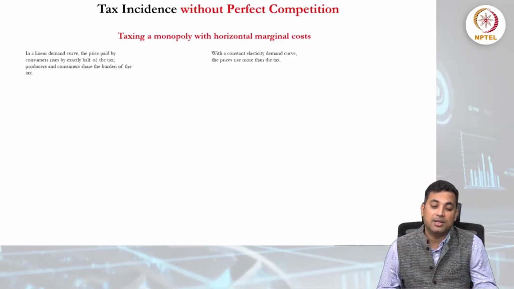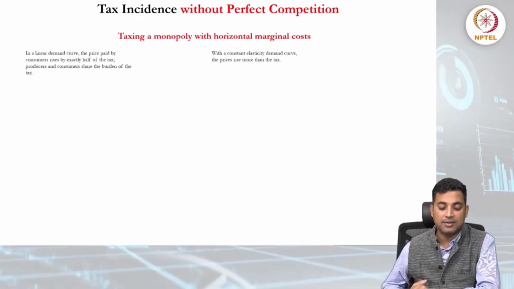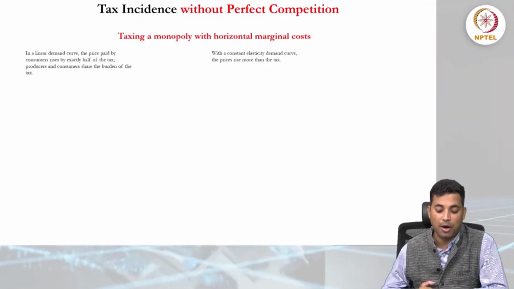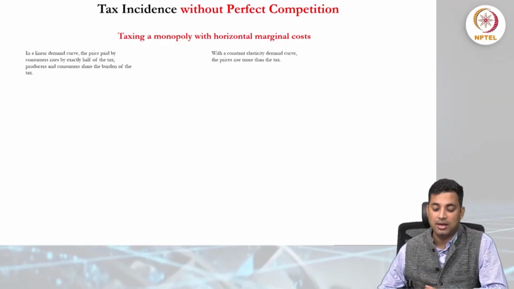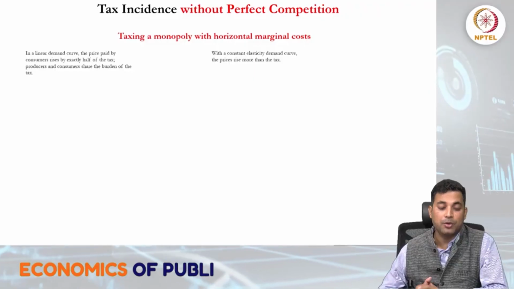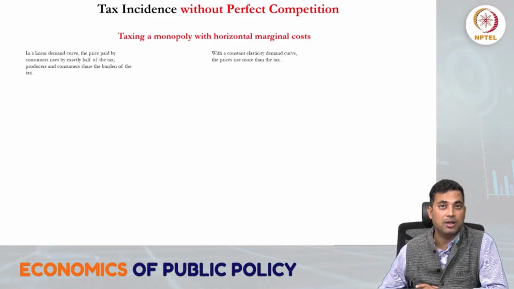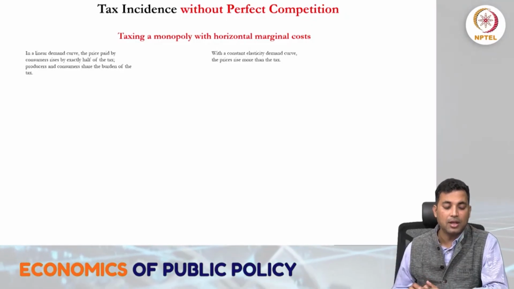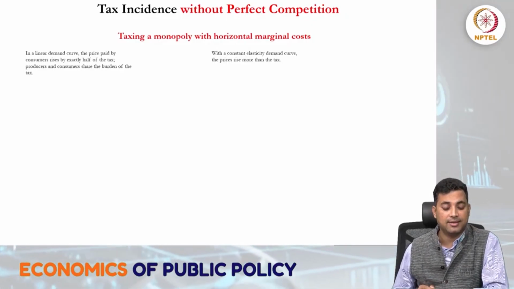To begin our discussion, let us talk about taxing a monopoly with horizontal marginal cost. Here we are talking about tax incidence without perfect competition. Two cases that we will be discussing here.